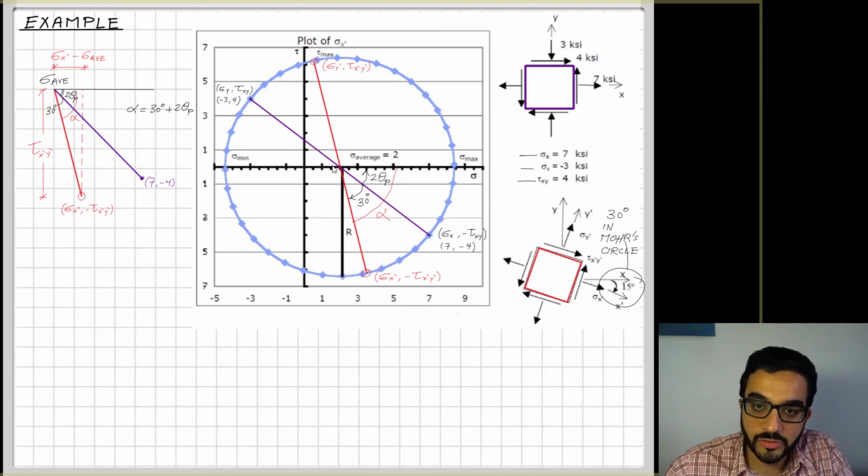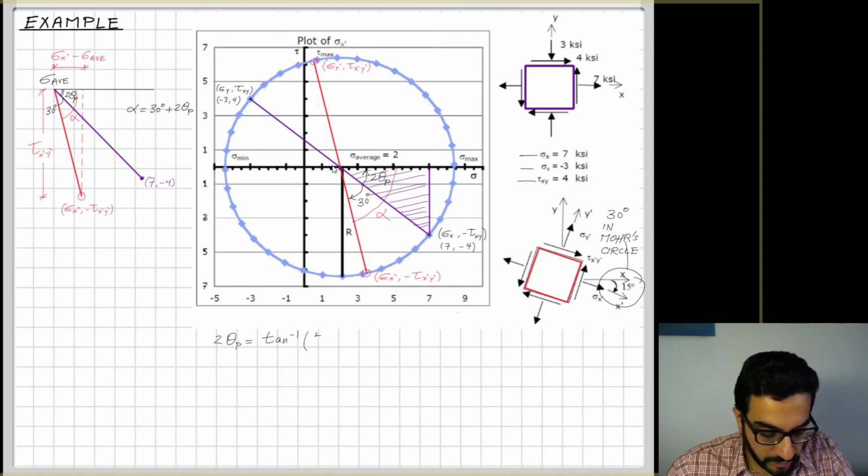I can calculate the angle of that with the horizontal axis, which we used to call 2 theta principal, the angle to the principal stresses. If I know 2 theta p, and I know there's a 30-degree angle between the given stresses and the transformed stresses, then alpha equals 30 degrees plus 2 theta p. So now it becomes a problem of finding 2 theta p, and using alpha I will be able to calculate the transformed stresses.